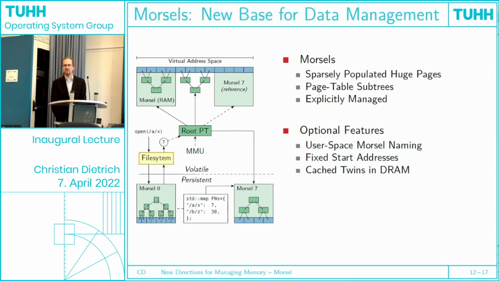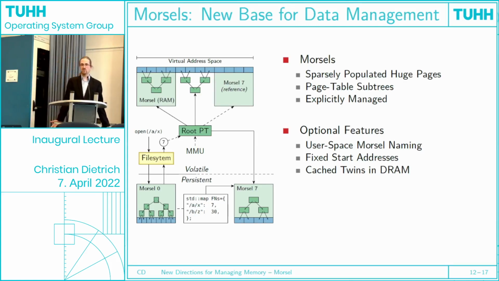And all the other features, we want to do them optionally. For example, what you can do now that you are able to bring in a morsel within your virtual address space, you can do the naming of morsels by yourself. You have now a piece of memory that becomes visible, and you can just use standard indexing tools like a standard map and put that into the surface of a morsel and translate from some symbolic names to the ID of the morsel, to the inode number as you will.